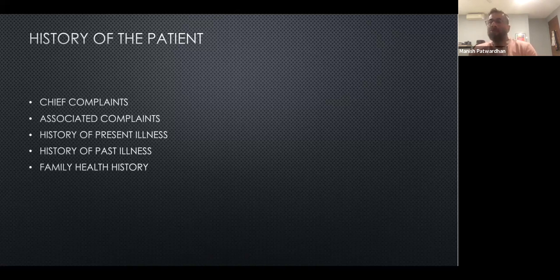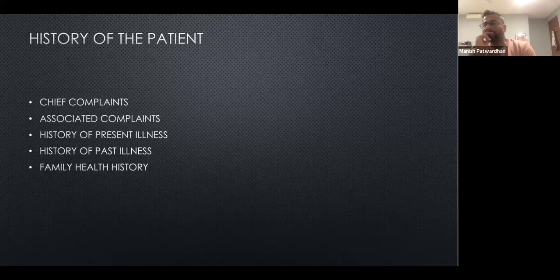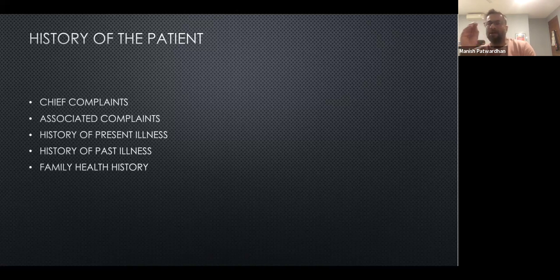Now, when you sit down to take these details, or when you take this sheet and you are going through these questions, every time you need to ask the person, if the person has given you the case paper or written down details on the examination sheet, and you are reading through it, you have read the chief complaints, you should always ask, do you need to add anything in this as health problems for which you need immediate attention or for which you have come to see?